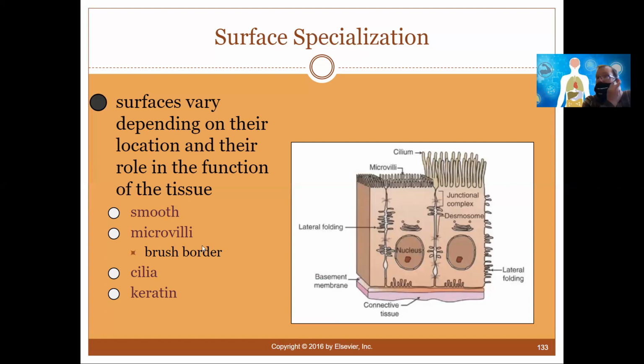Merkel cells, again, they're going to link up with the nerve endings that come up through the dermis. And Langerhans cells help with the immune system. Okay, so those are the epidermis cells.